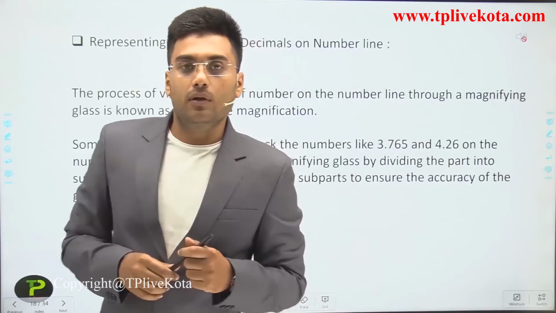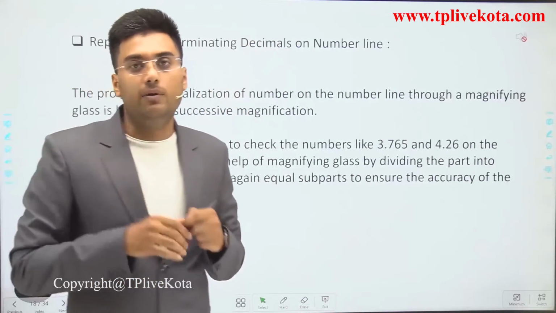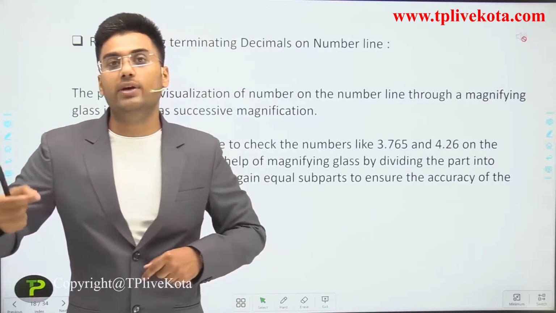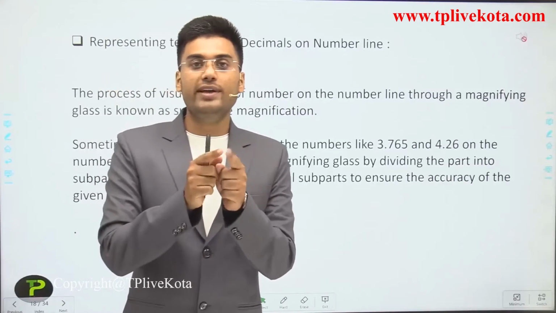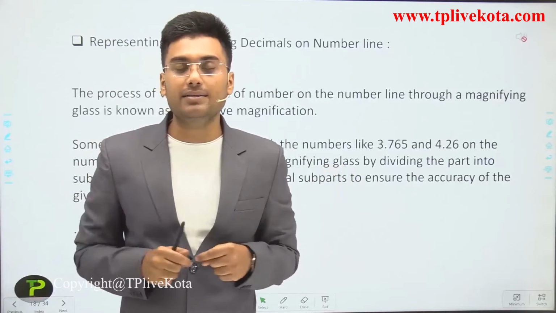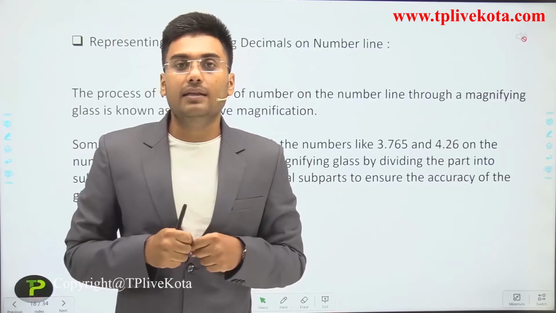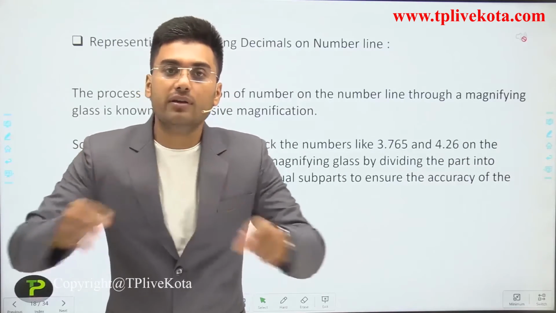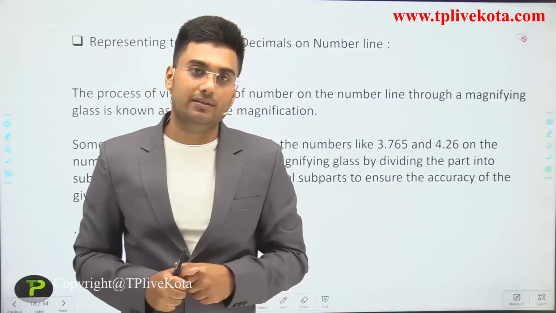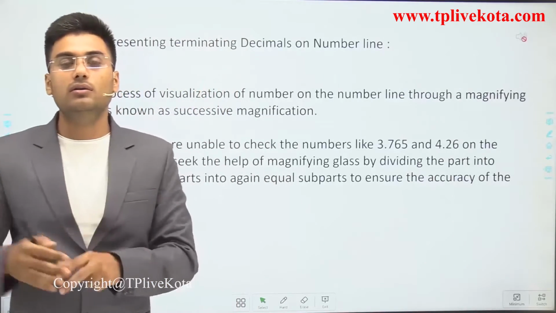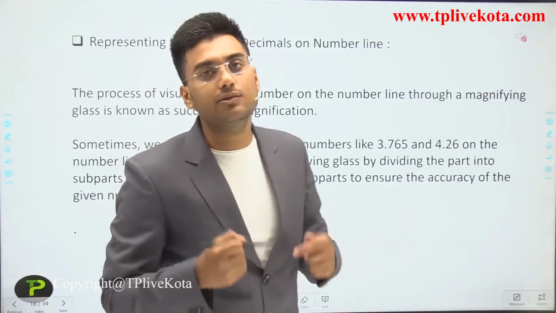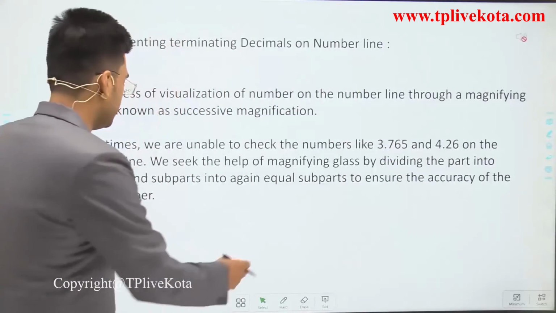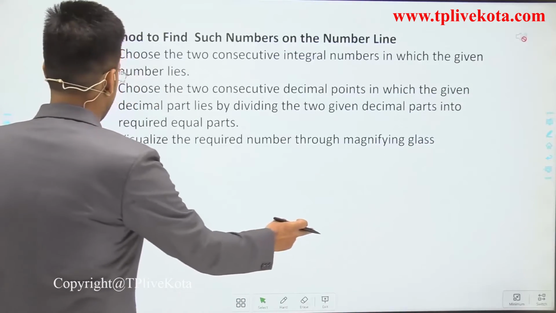And if we want to represent 1.25, then first of all we divide 1 and 2 in 10 equal parts. Then 1.2 and 1.3 are further divided into 10 equal subparts. This process is known as the successive magnification method. Okay, now let's understand with an example.